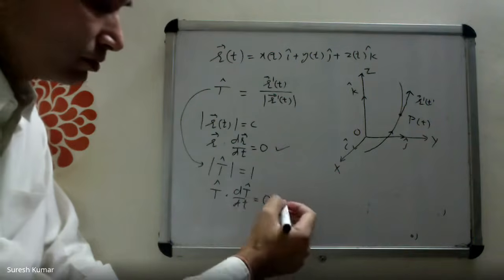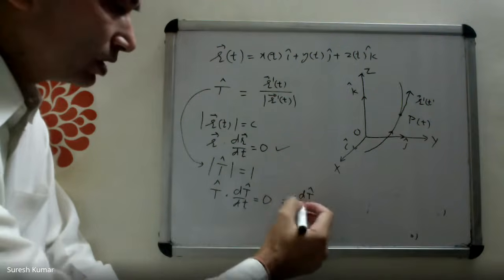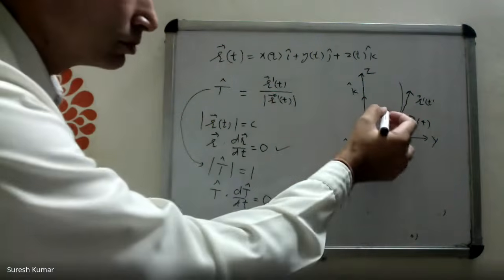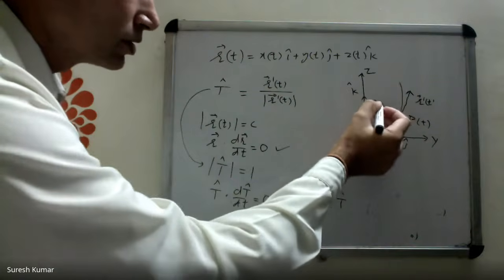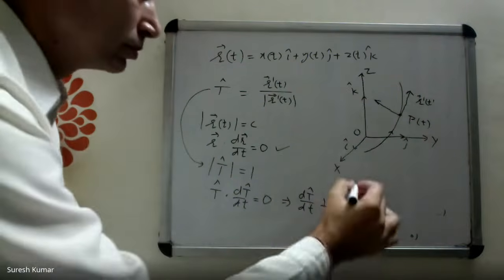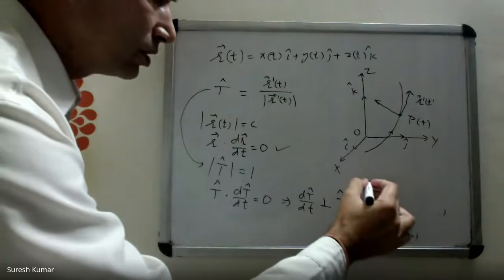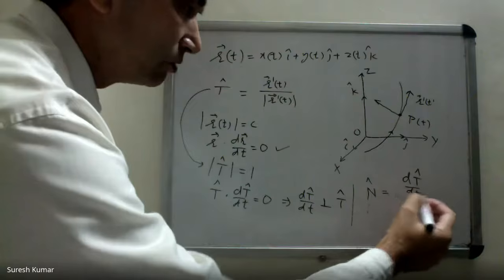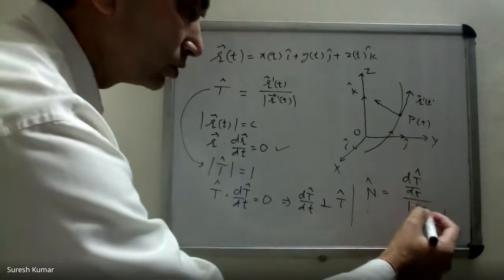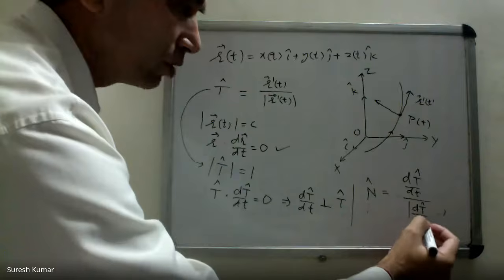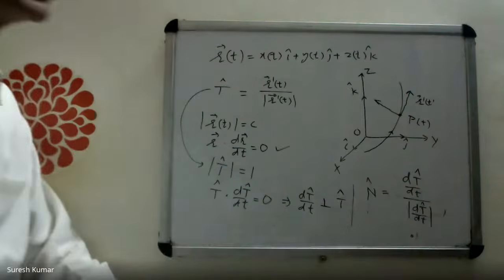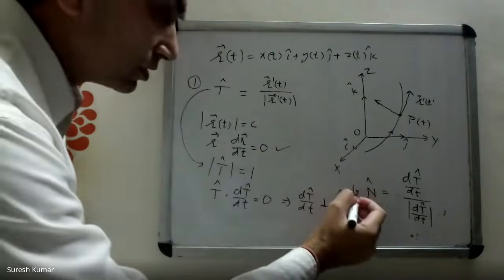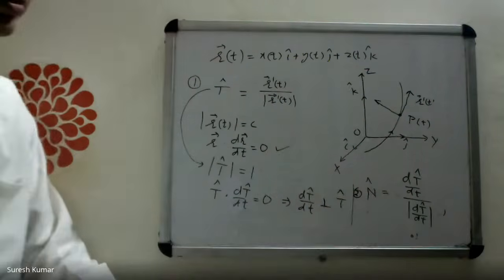What does it mean? dT cap over dt is orthogonal to T cap, like this. Let's define a vector from this: dT cap over dt divided by its magnitude. So it will become the unit vector in the normal direction. So the first vector is this, the second is this. The second is orthogonal to T cap.